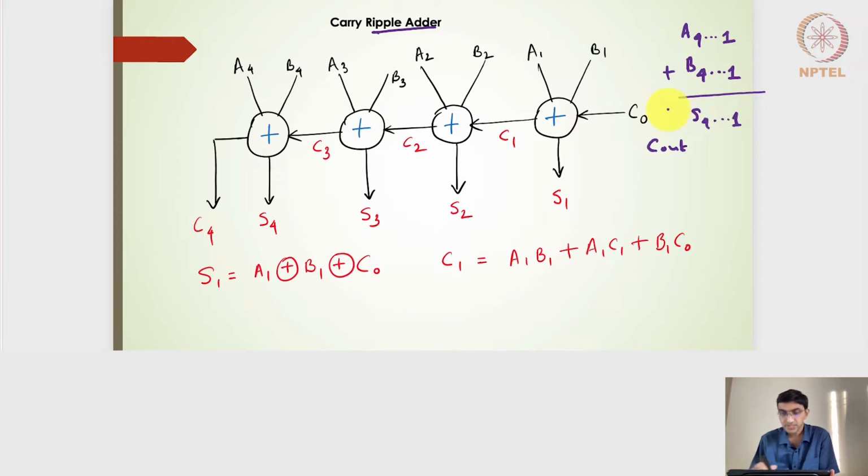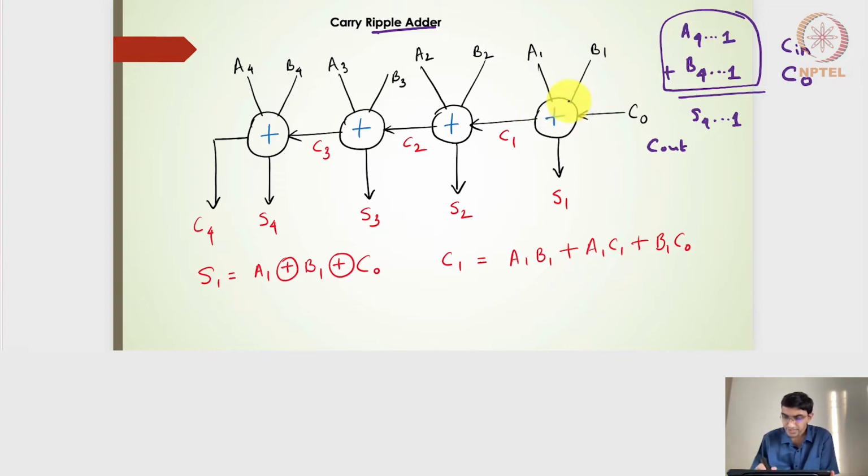And this adder circuit should also be able to incorporate the carry input. Once we understand this, we can easily scale it up to any higher order adder.